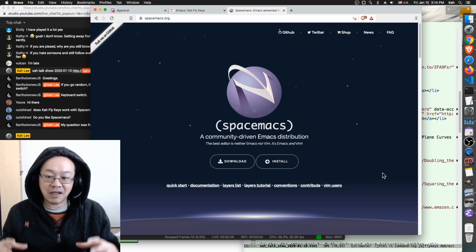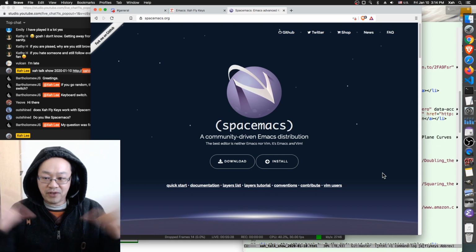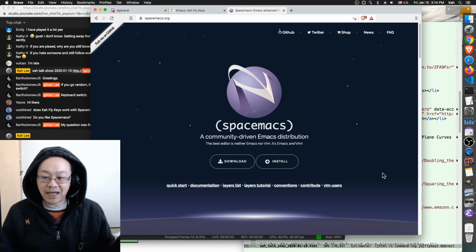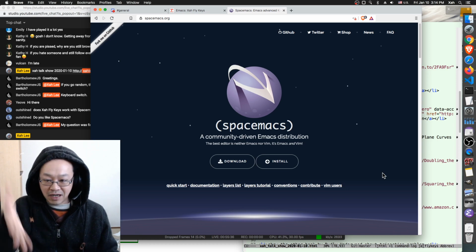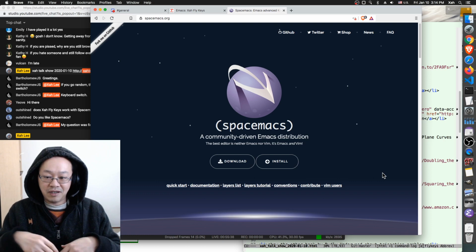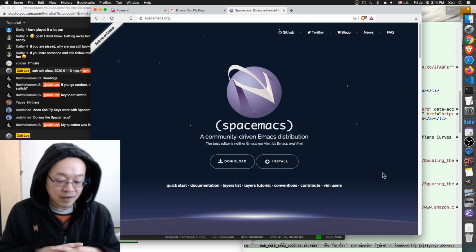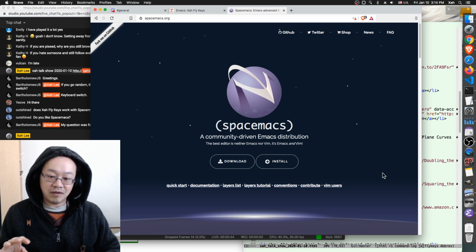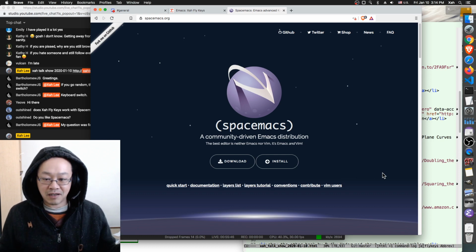Usually this kind of distribution becomes very popular because you don't have to know much about Emacs config or the details about learning Emacs. You just download this, and you can use it out of the box. The fancy UI or enhanced packages and stuff, that's all bundled.